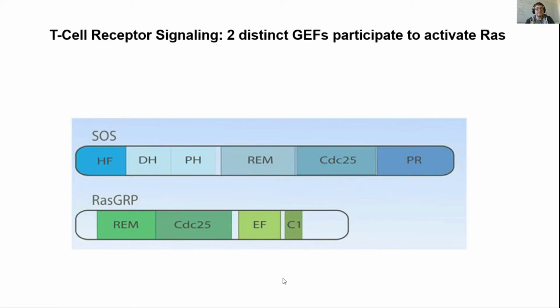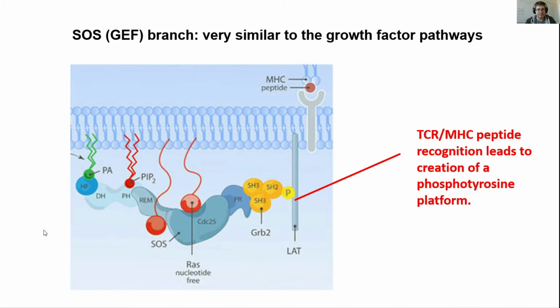And so T cell receptor signaling involves RAS GTPase signaling just like before, but unlike the growth factor signaling, there are actually two distinct GEF proteins that participate together to activate RAS. One of these is the protein you learned about before, Son of Sevenless, and the other is a GEF we haven't talked about yet called RAS-GRP. And these two GEFs together are going to be responsible for activating RAS in the cell.